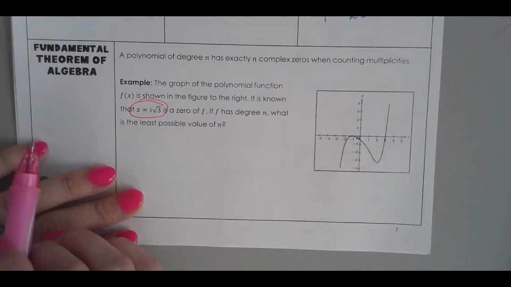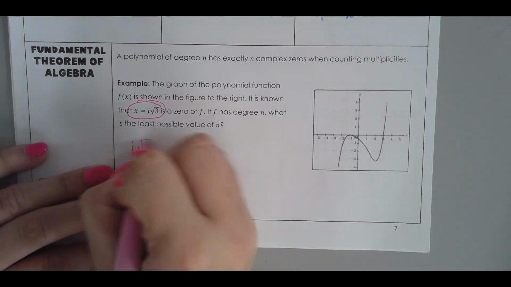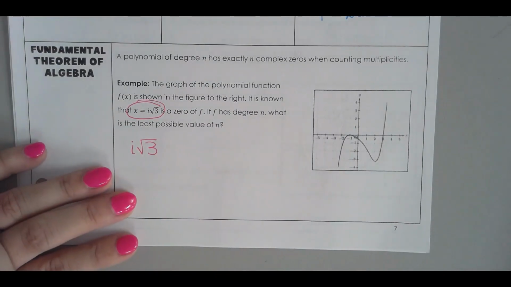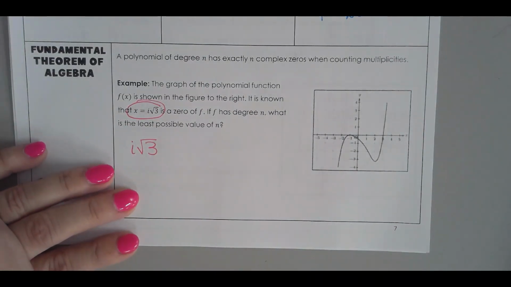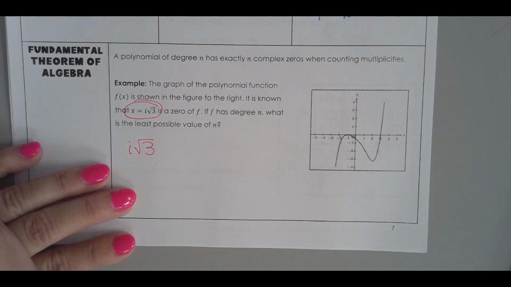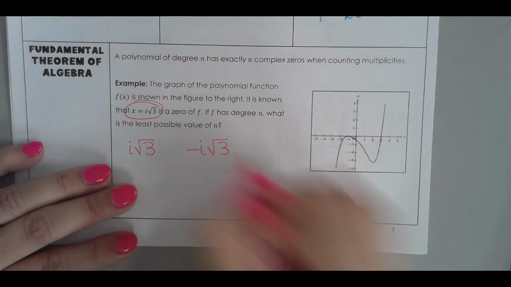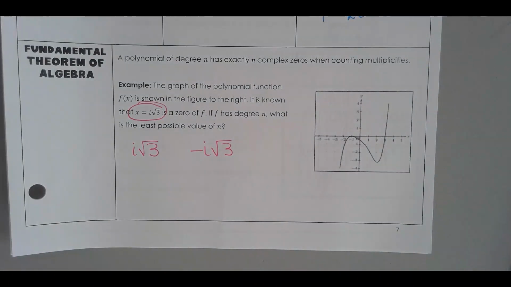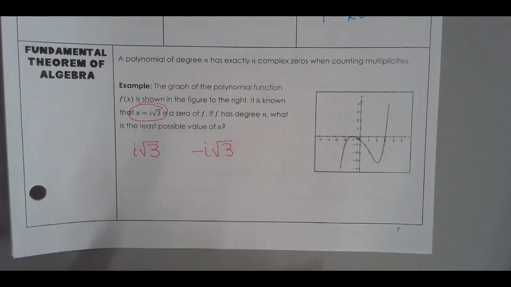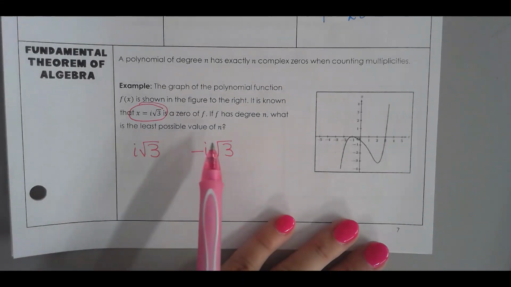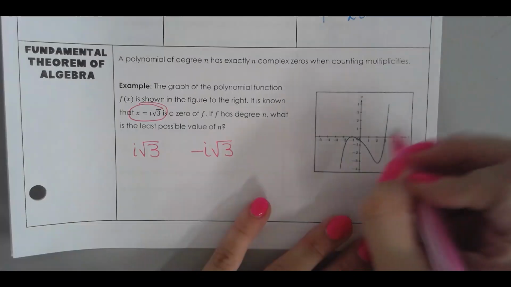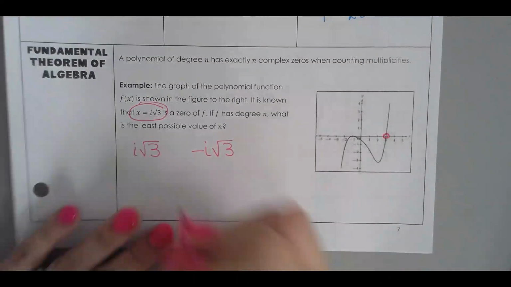Specifically, what if I have one that is i square root of 3? It's imaginary. It has to have a pair. What would its pair be? Negative i square root of 3. So if you have i square root of 3, you have negative i square root of 3. We also have an x-intercept at 4.